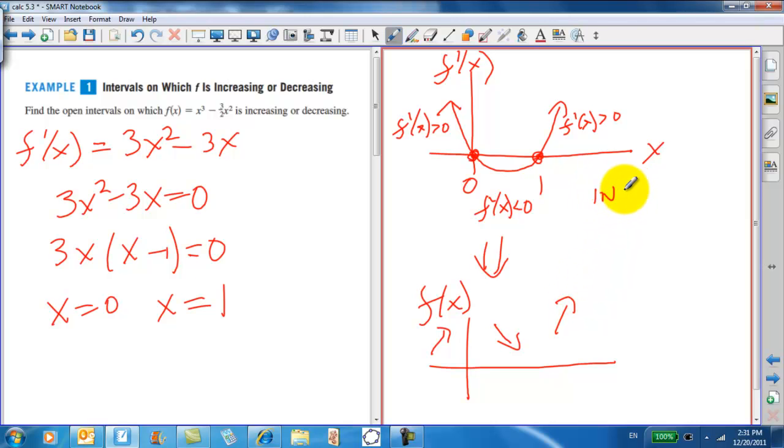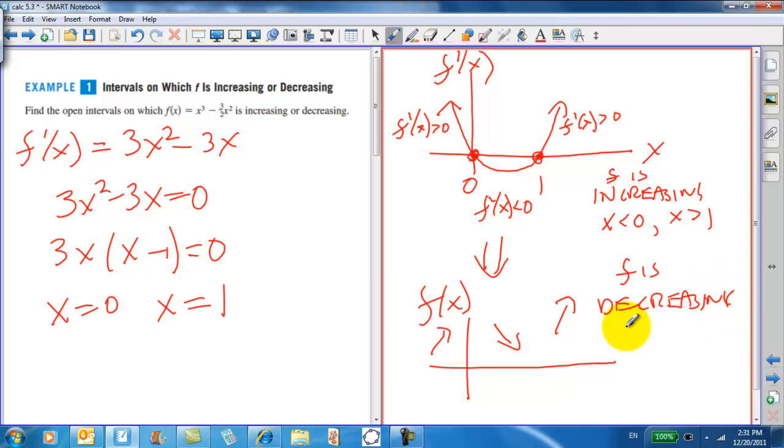So f is increasing when x is left of 0, x is less than 0, or when x is greater than 1. f is decreasing when x is between 0 and 1, because that's where the derivative is negative.